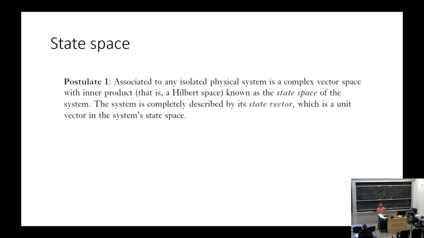Figuring out for a specific system what this state space looks like is a very difficult problem in general, and it is something that's been developed by physicists over many, many decades through development of really beautiful and intricate rules and ideas. Think about things like quantum electrodynamics. That's a whole field that's conceptualized in the framework of quantum mechanics, but its state space is very distinct from that used in other physical disciplines.